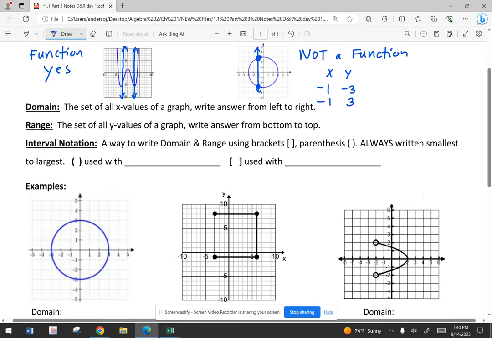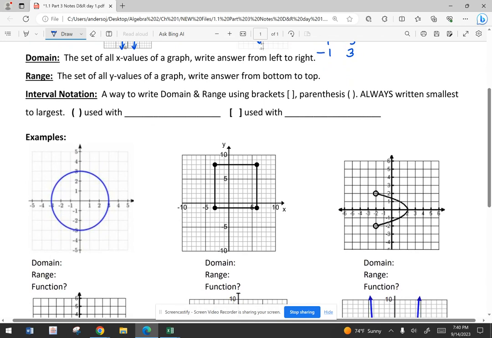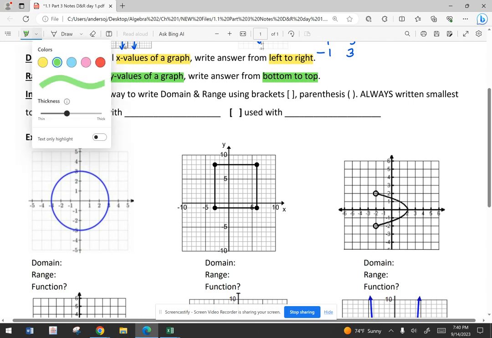This lesson is going through the domain of functions. What we need to know, specifically and most important, is that the domain is the set of all x values of the graph. We are going to be looking at the graph from the left to the right. The range of the graph is all of the y values of the graph, and we are going to be looking at that graph from the bottom to the top.